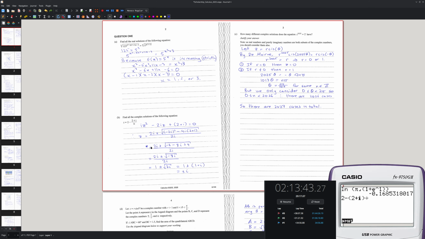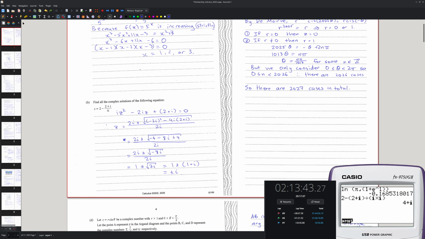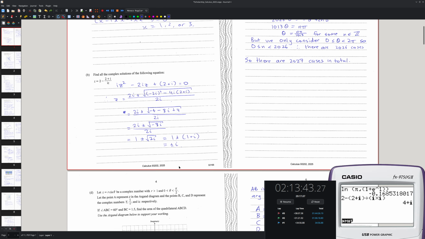Did I miss a solution? 2 minus i, divided by. Wait, I might have. That doesn't work. Okay, no wait, it is 2 plus i or just minus i.